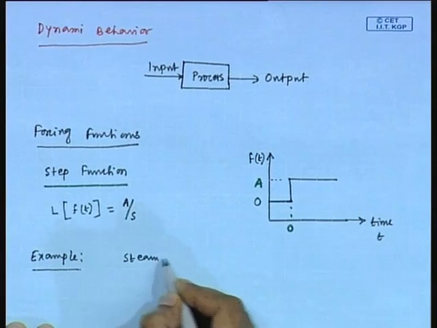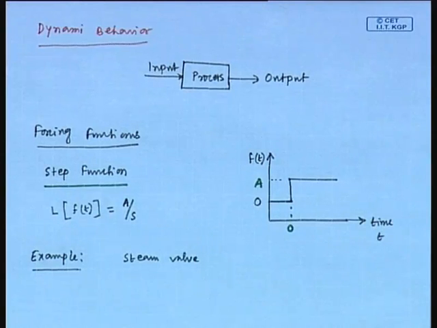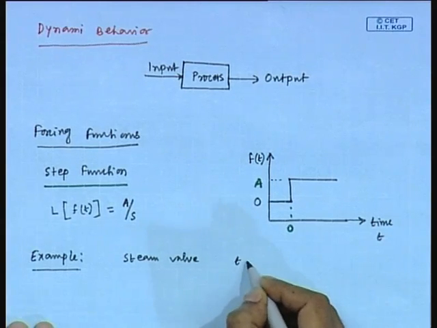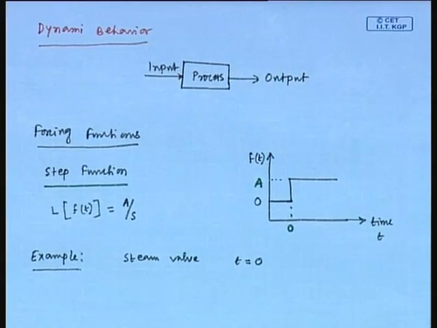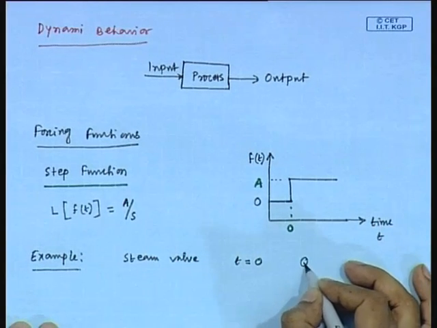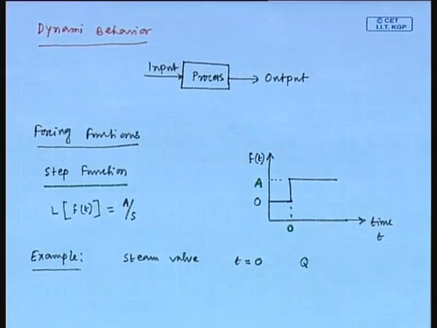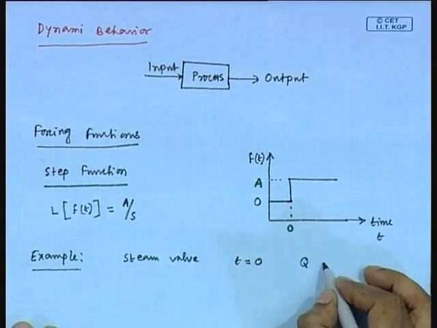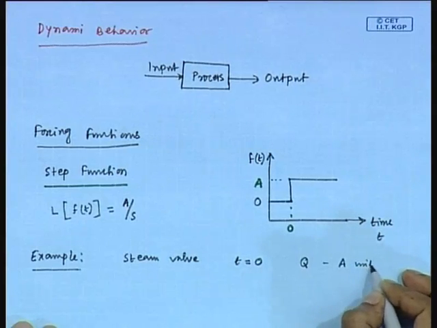Now, open the steam valve at t equals to 0 such that Q changes by A units.